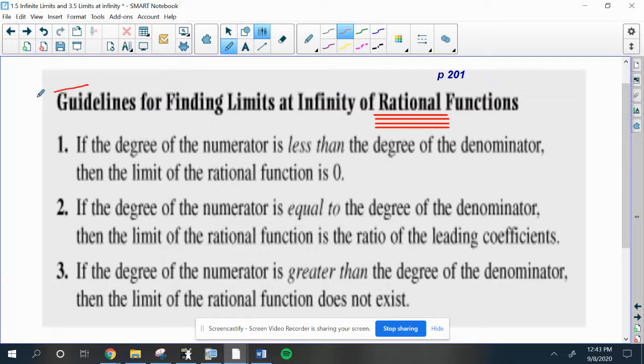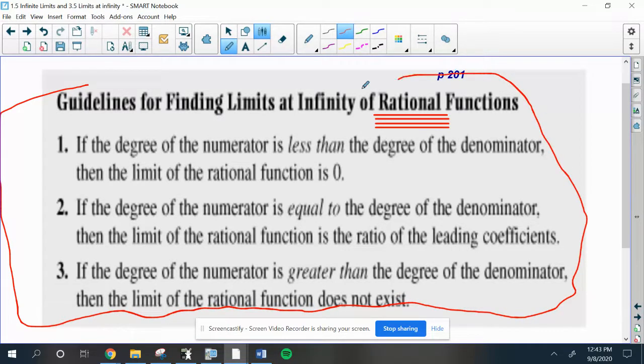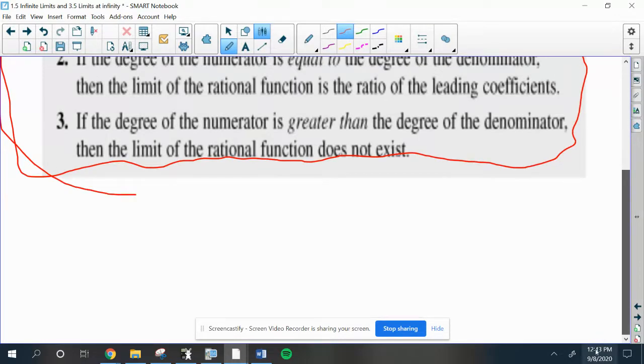So, all of these guidelines should be familiar to you. That's what we use to find horizontal asymptotes. But since horizontal asymptotes and infinite limits are the same thing, you can use those rules to find infinite limits of a rational function. So I have more to show you, but I just want to do one quick example, or maybe two examples.